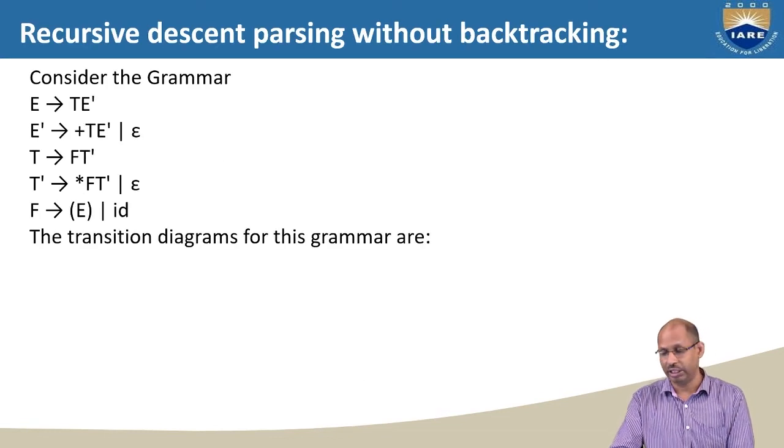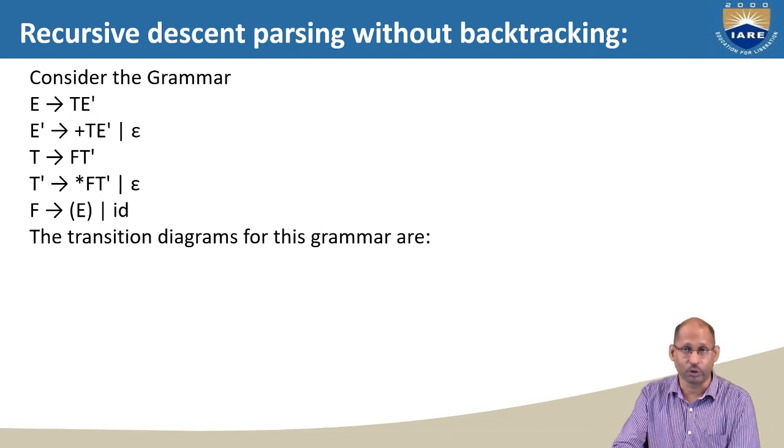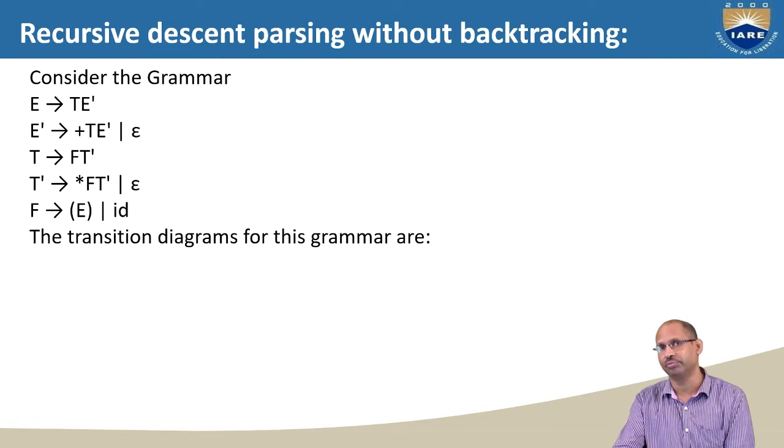Now, here we want to write a recursive descent parsing program, with a transition diagram as an intermediate level for this grammar. How many variables are there?